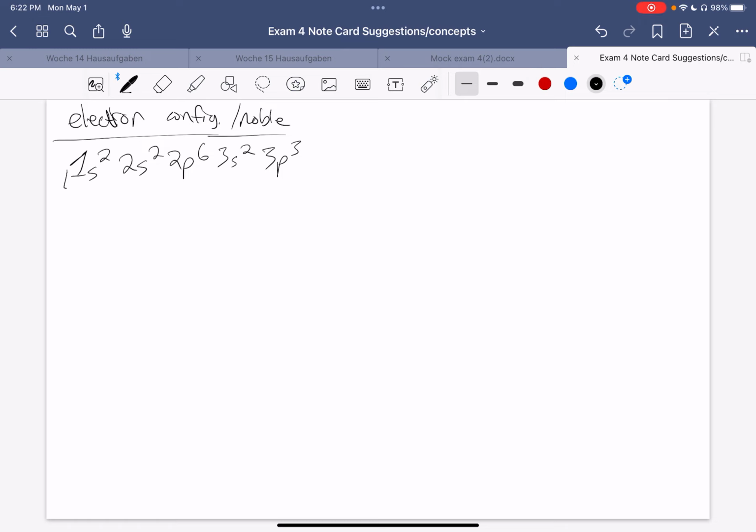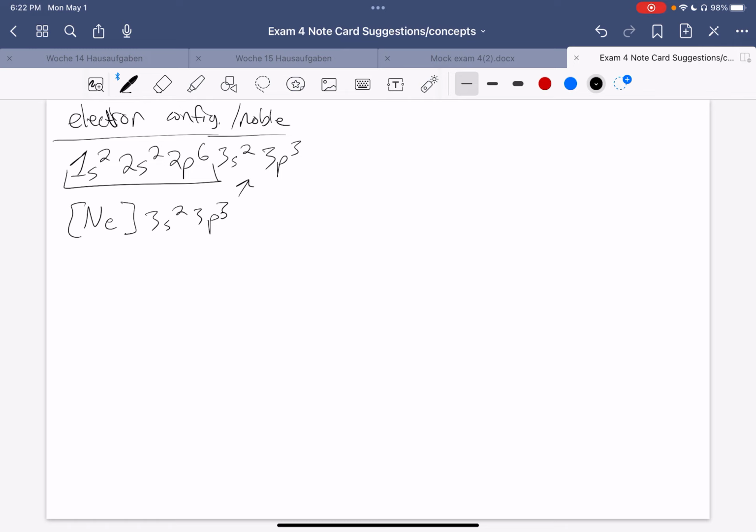With this, we see that the 1 and 2 are already completely filled up, and that corresponds to the gas neon. These are called noble gas notations because you always start with a noble gas. So we start with that, and then we just do 3s2, 3p3, and that means the same thing as what we have up here.